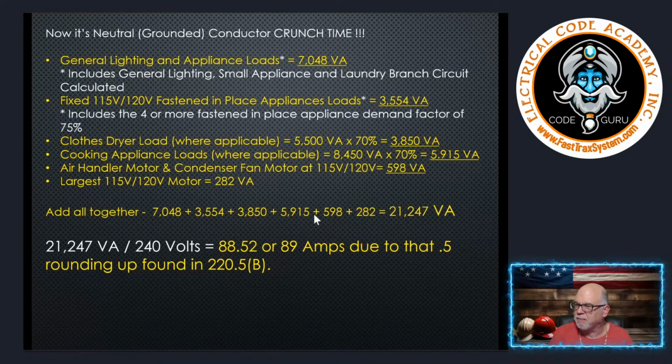I believe that's what it gives me. So we're just going to go to 89. I don't know if that math is right. Hold on here. 21,247 divided by 240 equals 88.52, I'm sorry. And we're going to round that to 89. So that is what our neutral load is.